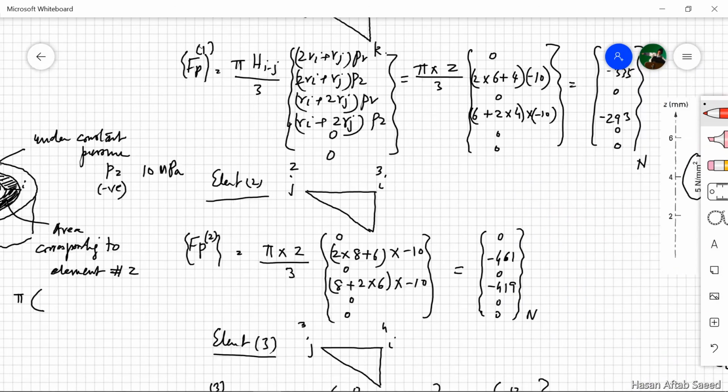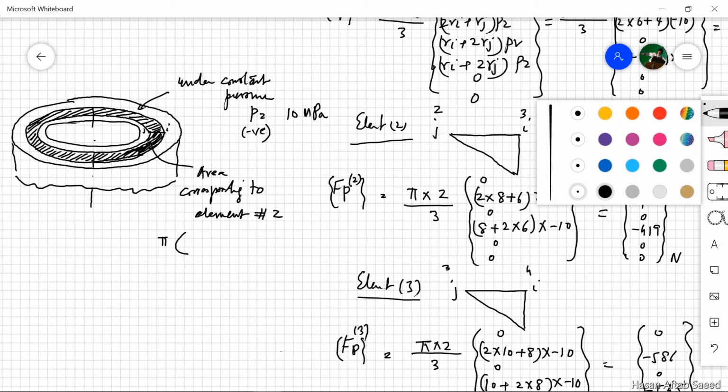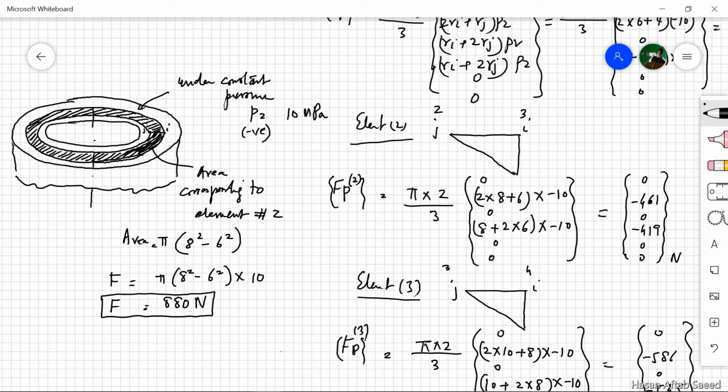So the area we're talking about is pi into 8 square minus 6 square. This is the area. Now the force will be this pressure into area, pi into 8 square minus 6 square into 10, which is 880. This is the force generated by this pressure between the I and J node around the 360 degrees, because that is the total area which is the recipient of this pressure.